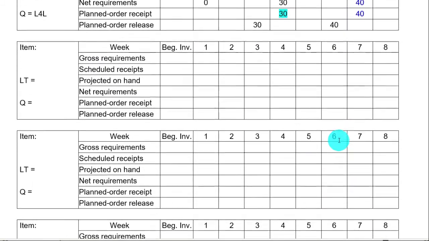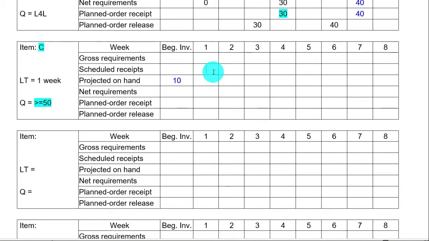All right, here. Item C. Okay. Lead time is 1 week. Order size is 50 or more. Okay. 10 on hand at the beginning of the planning period.